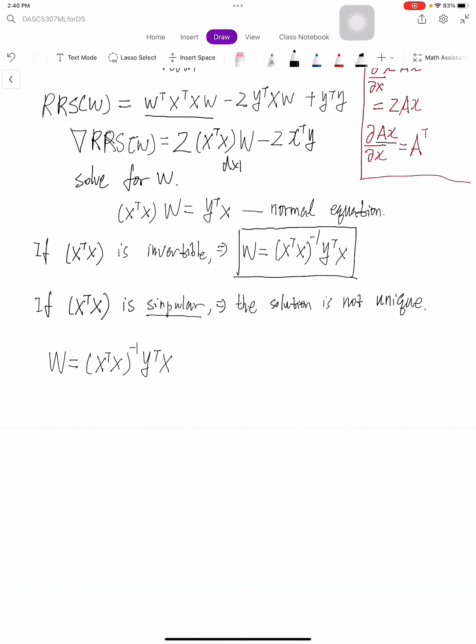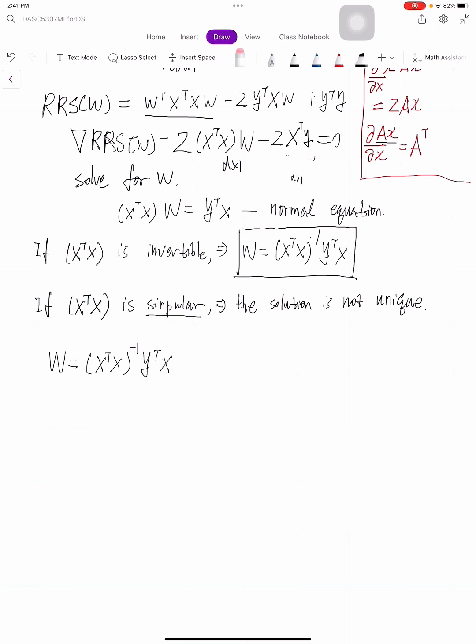Okay, now this is dimension d times n times 1. So this will be d times 1. So the dimension matches, so we can subtract each other. Otherwise, we cannot subtract vectors with different lengths.